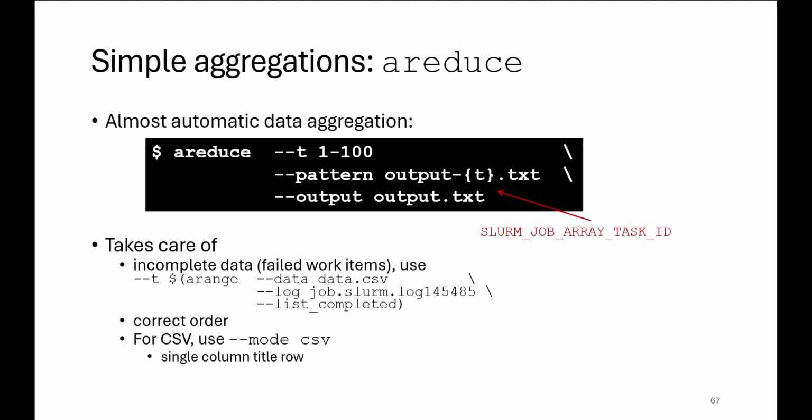It also takes care of the correct order of the work items, and for CSV files, you can use the -mode csv option, and that will ensure that there only is a single column title row at the top of the file, rather than what you would get if you would naively use cat, which would almost produce the same result, but with multiple column lines.